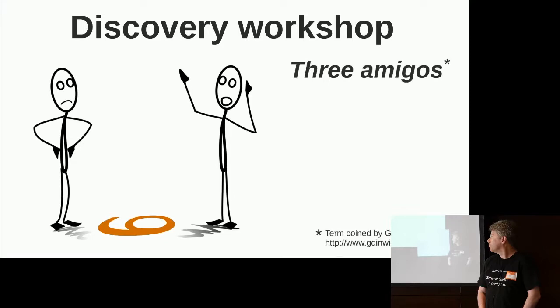This is sometimes also called the Three Amigos, and it's a term coined by George Dinwiddie. He came up with the name Three Amigos, meaning that you should bring in some representative from the business in this meeting, a developer, tester, UX, and whatever you need.